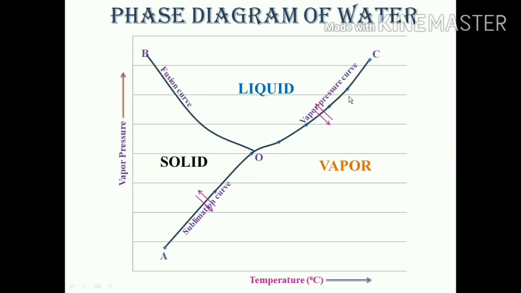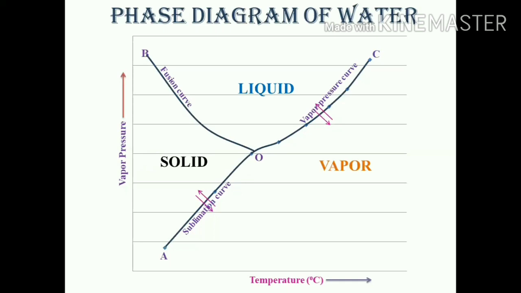Now let's see what the curve OB says. It is called the fusion curve, and it lies in between the solid and the liquid state of water, right? You remember in chemistry, the melting terminology is also used as fusion sometimes. So the fusion curve is the curve OB, which carries the same story as the other two curves.